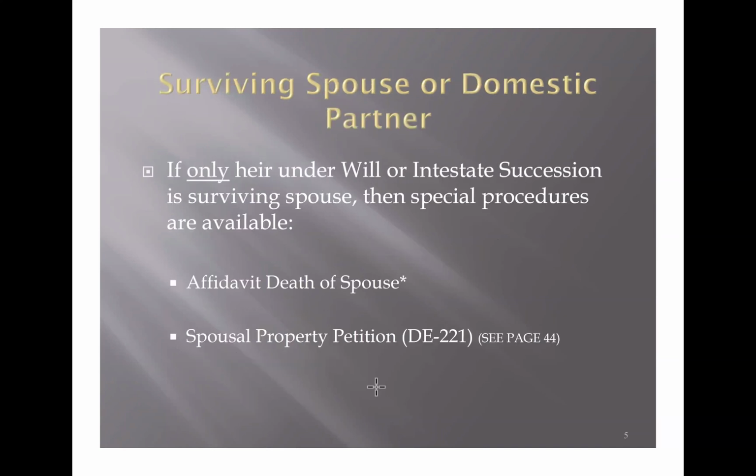Okay, there are special provisions that are only available to a surviving spouse or domestic partner. So if the only heir under the will or by intestate succession is a surviving spouse, then they can use either an affidavit death of spouse or spousal property petition.